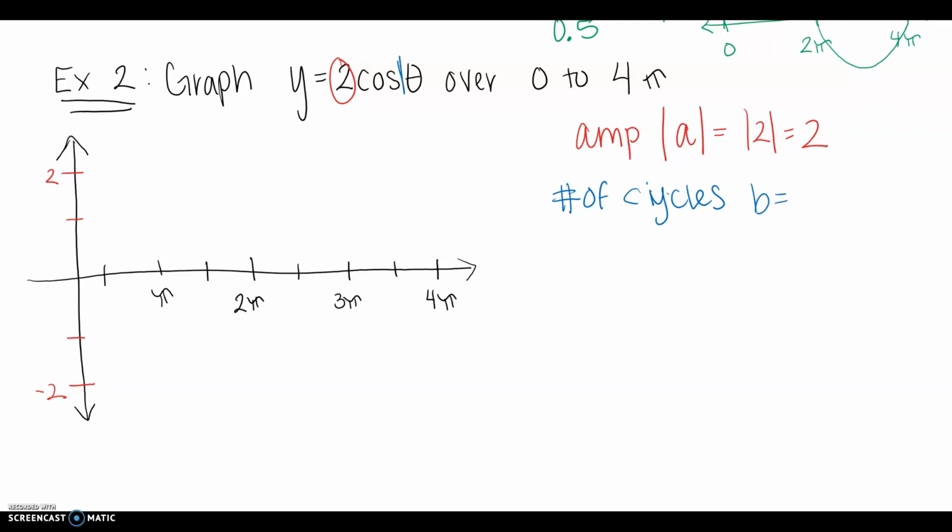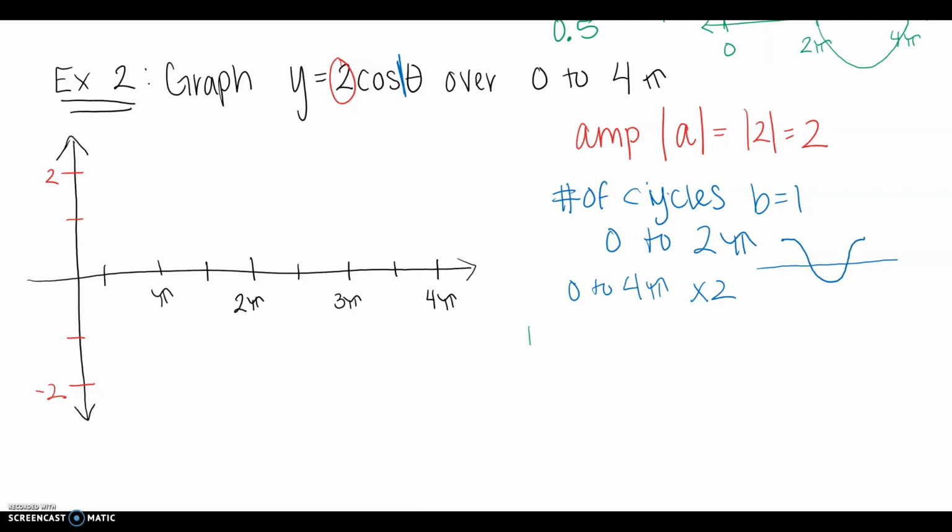So the number in front, which in this case we don't see, means it's a 1, because 1 times anything is itself, so we don't actually write 1 normally. So between 0 to 2 pi, we have 1 rotation. And this one looks a little bit different because the cosine starts up and then goes down. And we'll see that over here. So for 0 to 4 pi, we're going to have 2 rotations.